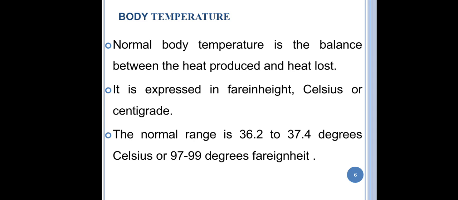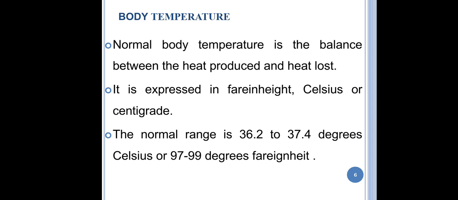When you lose a lot of heat, your body should also produce a lot of heat to cover it up. If there is an imbalance where heat loss is too much compared to heat production, then you have an imbalance. Of course, the imbalance we're talking about is either low or high.